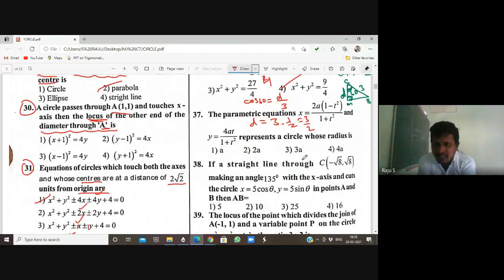Then the parametric equations of the circle, they given x and y value. So here you can try this question. See here, is there any formula in terms of tan: 1 minus tan square theta by 1 plus tan square theta? What is the formula? 1 minus tan square theta by 1 plus tan square theta. Any formula?